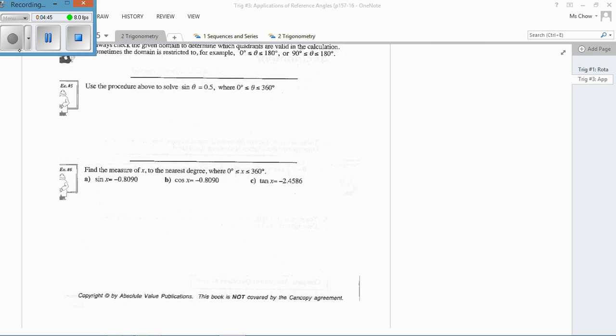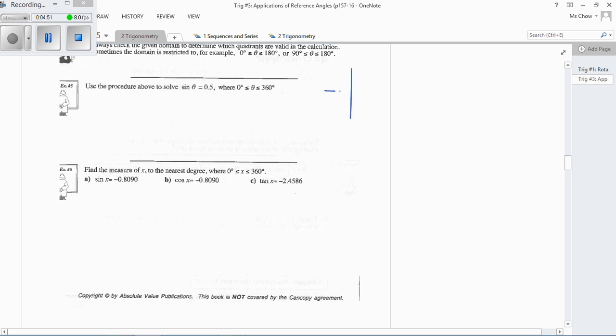But the key thing is recognizing that sine of theta is positive. If we look at the CAST rule, that tells us that if sine of theta is equal to positive 0.5, then we're looking at quadrants 1 or 2. So just write a short form, Q1 or Q2.